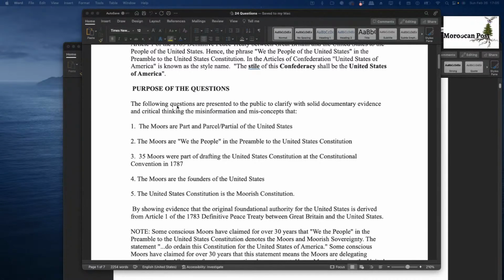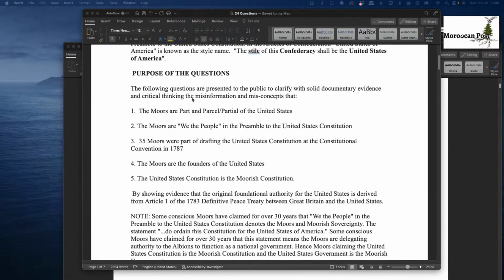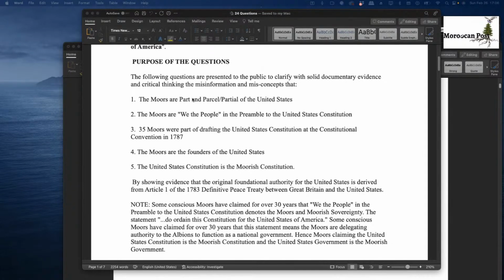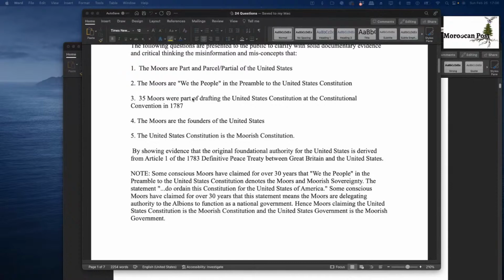Number three, 35 Moors were part of drafting the United States Constitution at the Constitutional Convention in 1787. Number four, the Moors are the founders of the United States. Five, the United States Constitution is the Moorish Constitution, by showing evidence that the original foundational authority for the United States is derived from Article 1 of the 1783 Definitive Peace Treaty between Great Britain and the United States.